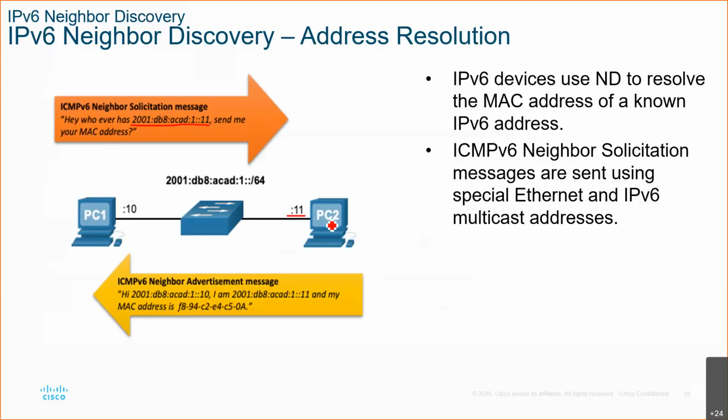Now PC2 will say, hi, 10, I am 11, and my MAC address is this. In an Ethernet network, these devices will communicate with each other. Inside PC1, you have a table which shows the IP version 6 address mapping to the network interface hardware address, the MAC address.